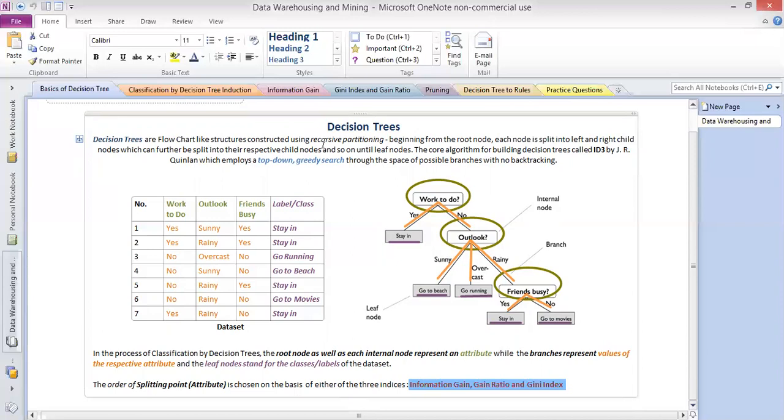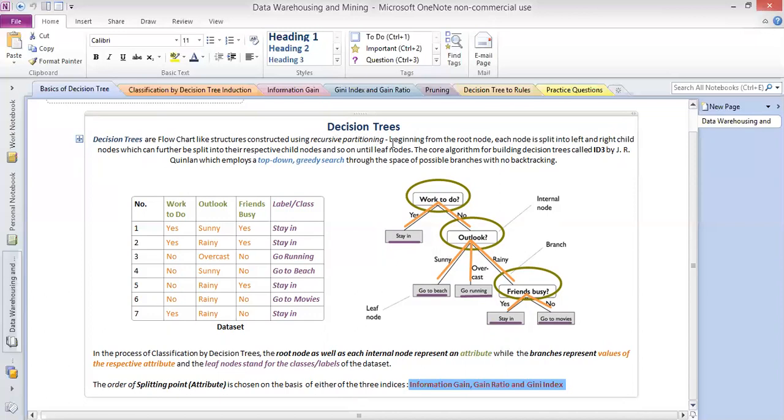So what you did is that initially the entire data set, which was divided into 2 subsets, is now again divided into 3 more subsets. So this is the process wherein you recursively partition your data set. That is why they say that these decision trees are based on recursive partition.